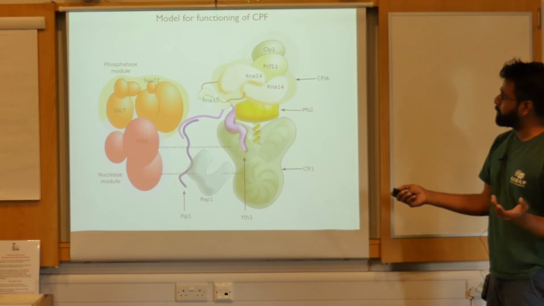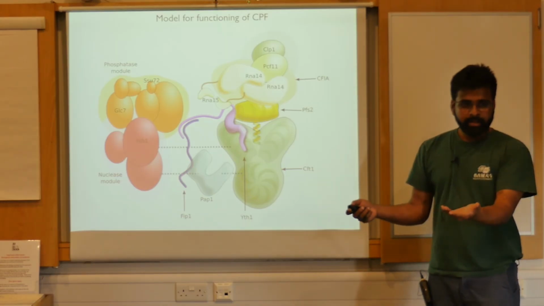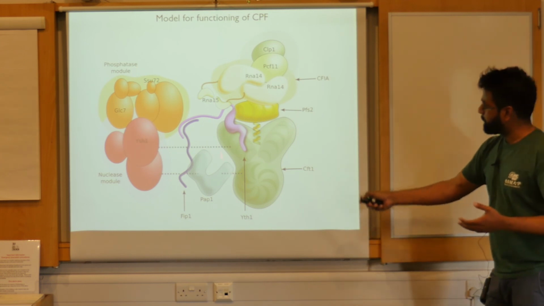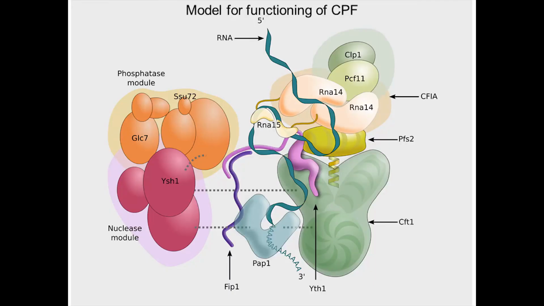We do have information biochemically and biophysically showing where they interact with the PolyA module. And we are also trying to work on understanding where the RNA binds to the whole complex.